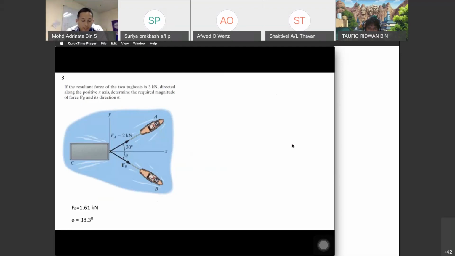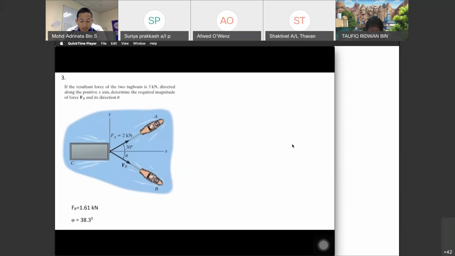Okay. Number 3. If the resultant force of the two tugboats is 3 kilonewton, resultant force 3 kilonewton along the positive x-axis. Okay.